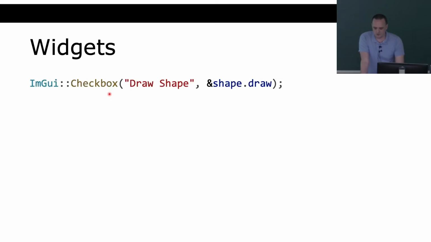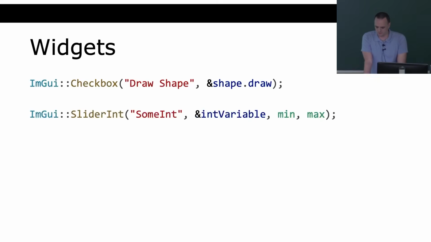So whenever you click on this checkbox, let's say that it was initially unchecked, that would mean that this variable would be false. If you click on the checkbox, then the variable automatically gets set to true. If you click it again to uncheck it, it would be set to false. So there's no callback, so you don't need to say, okay, if this happens, then I set this equal to whatever it is. It just automatically gets that variable.